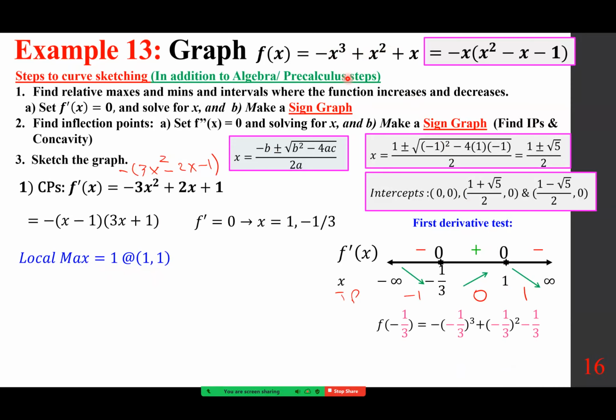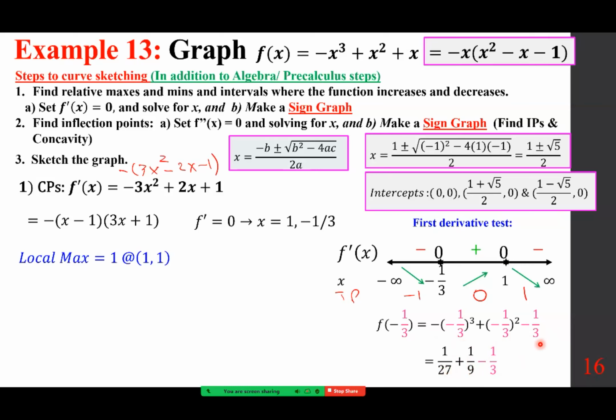So f of negative 1/3 means minus negative 1/3 cubed plus negative 1/3 squared minus 1/3. So negative 1/3 cubed is negative 1/27, with the minus this becomes positive 1/27. This one is plus 1/9 minus 1/3, and 27 is a common denominator. So this is 3/27. This is 6/27.